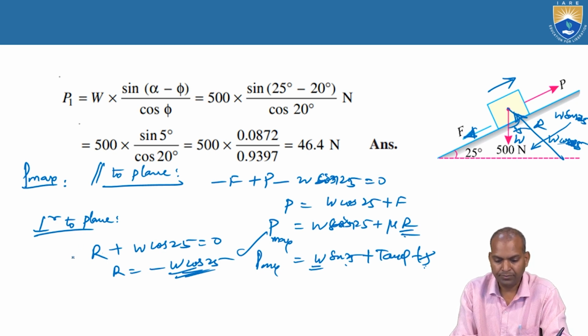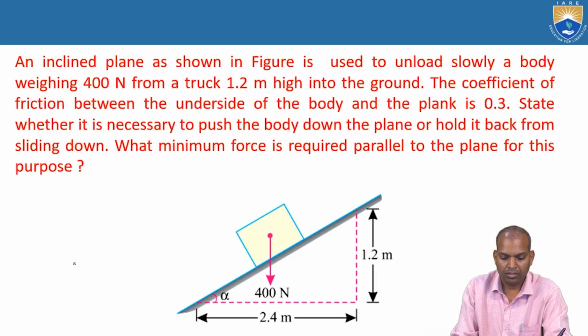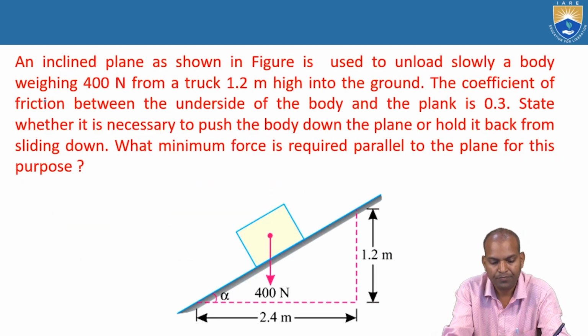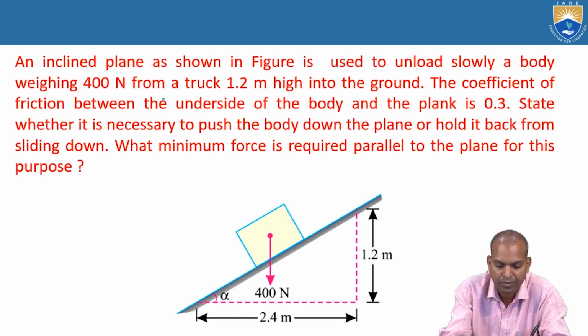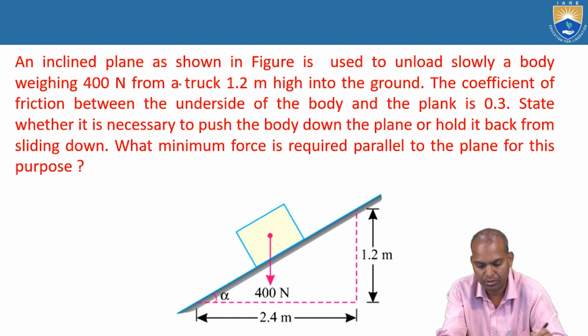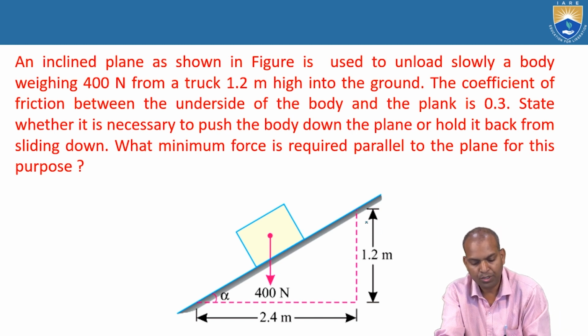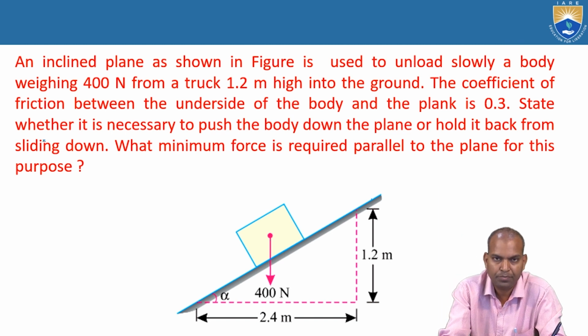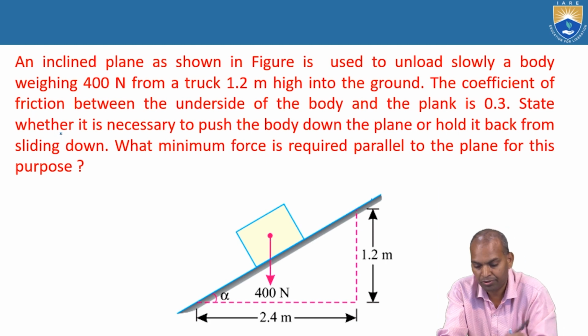Okay. Next problem. An inclined plane is shown in the figure, used to unload slowly a body weighing 400 newtons from a truck 1.2 meters high into the ground. The coefficient of friction between the underside of the body and the plane is 0.3.